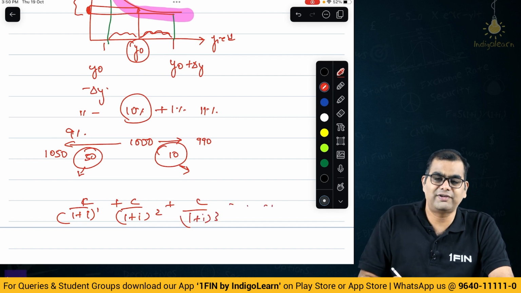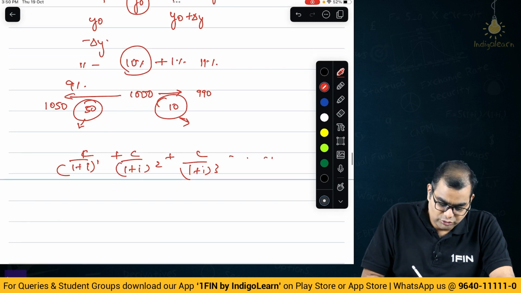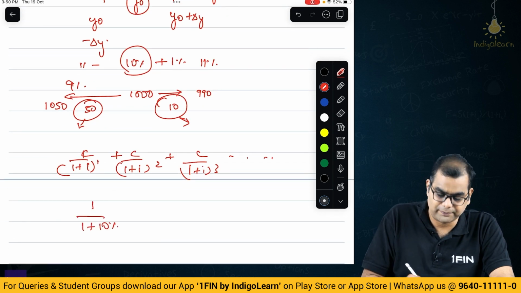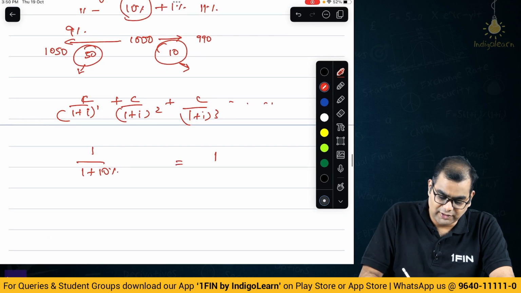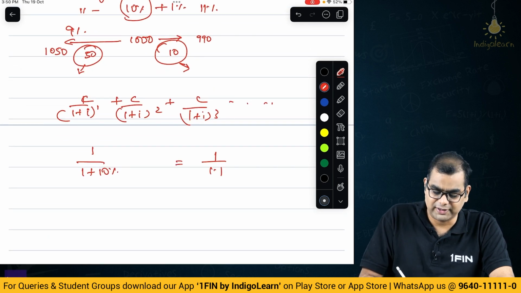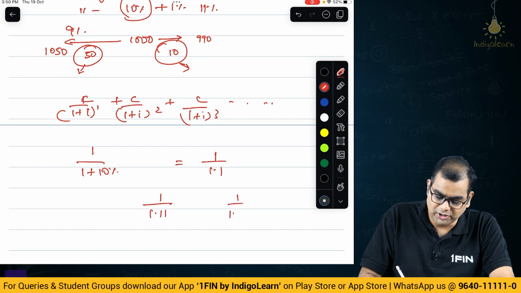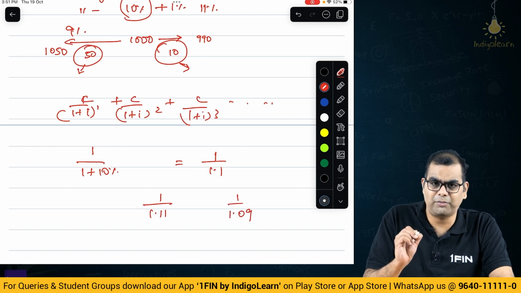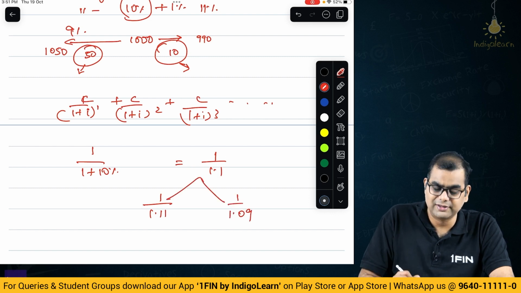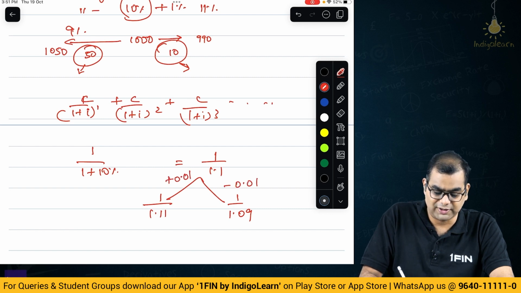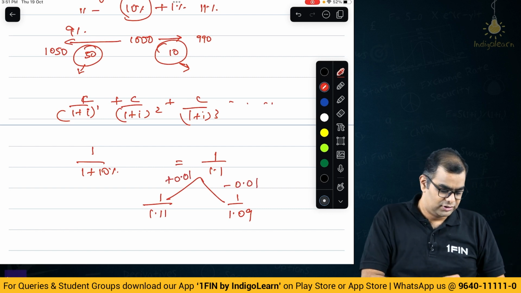In the present value formula, if you compute 1 by 1.11 versus 1 by 1.09, you are adding the same 0.01 on either side, plus 0.01, minus 0.01. So what is the value? 1 by 1.1 is how much?